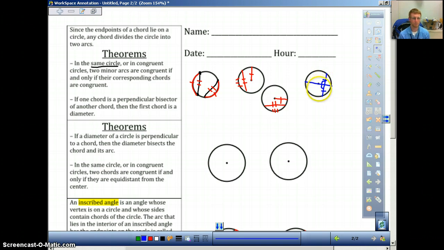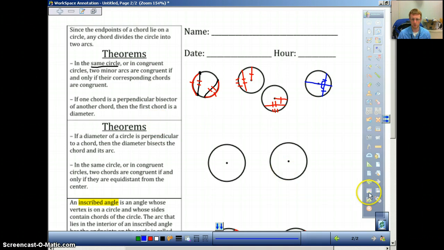So if it's a perpendicular bisector, it's creating a right angle, and it's creating congruent segments here. That means that this chord has to be a diameter. In other words, if we have two congruent segments here and we know we have right angles, then we know that the chord that is doing that will be the diameter of it.